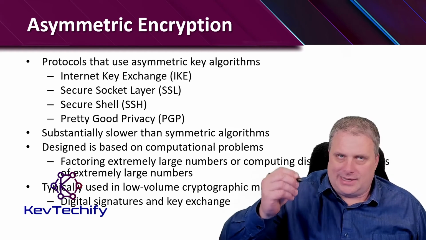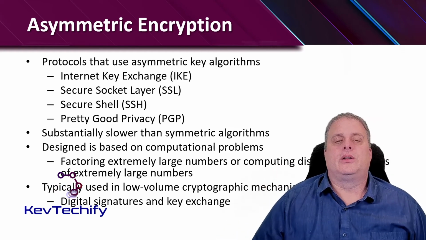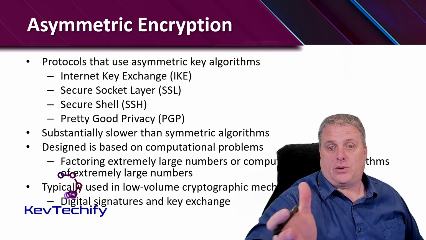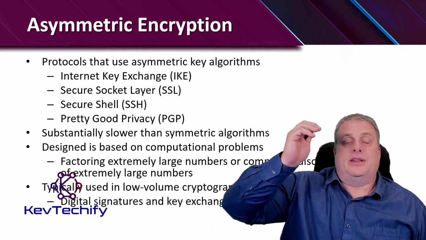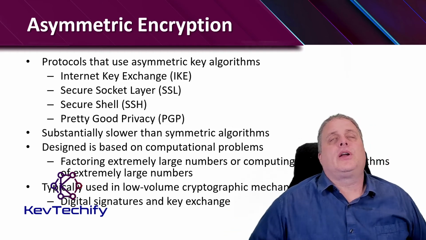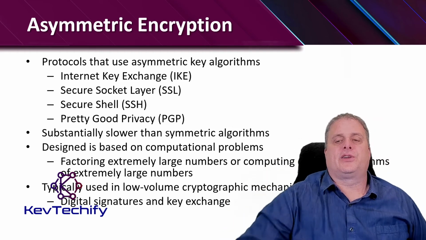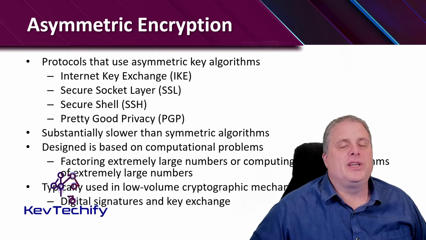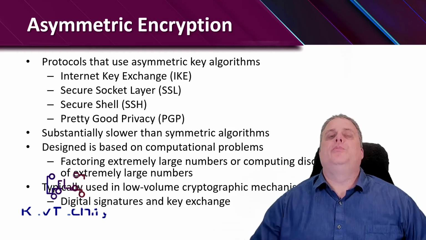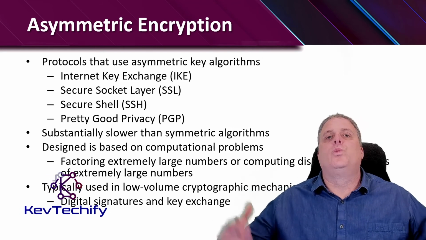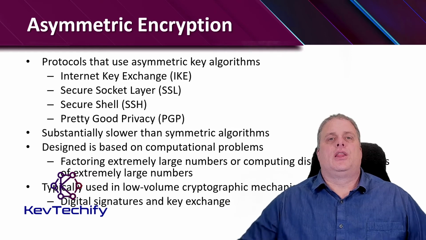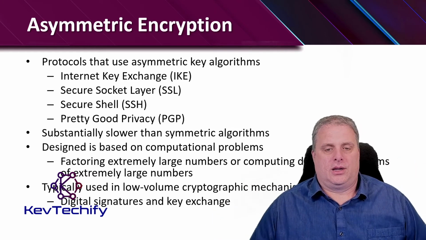Asymmetric is a lot slower than the symmetric algorithms because they're more complex and take more computational power. They're based on factoring extremely large numbers or computing discrete logarithms of extremely large numbers. You're dealing with really big numbers, and when we say really big numbers, you are talking thousands of digits that they have to comprehend.